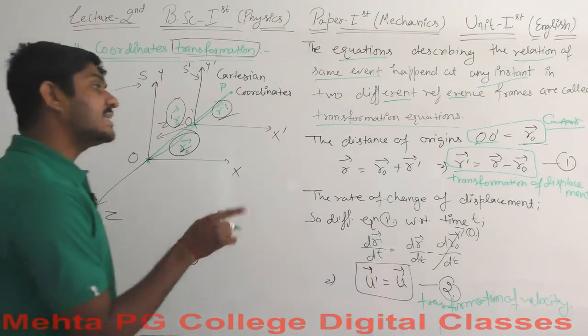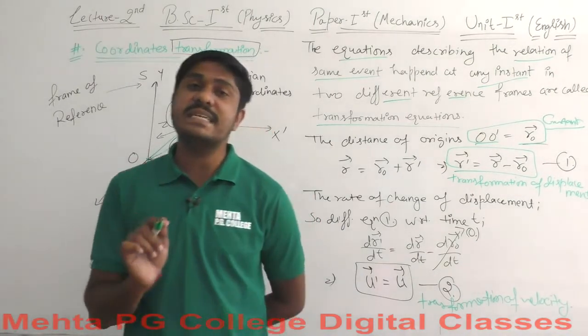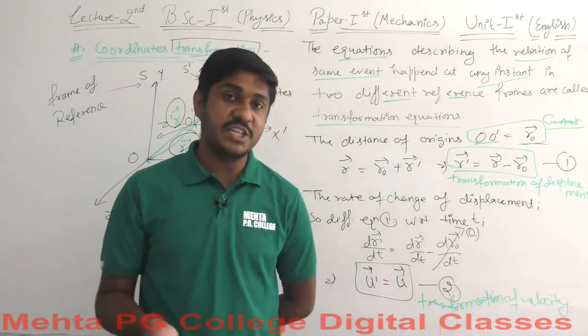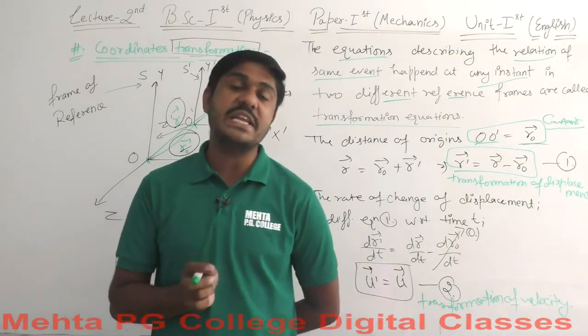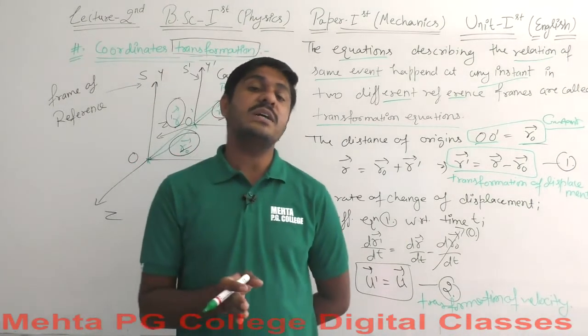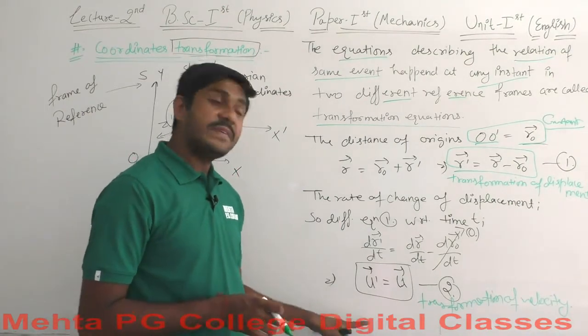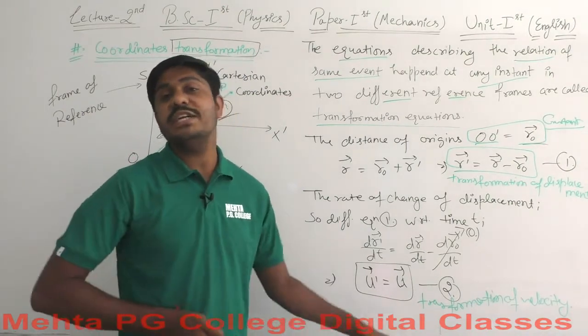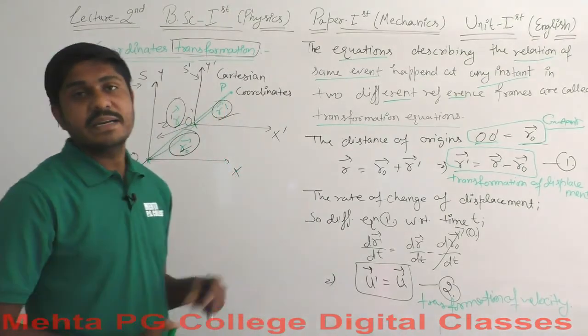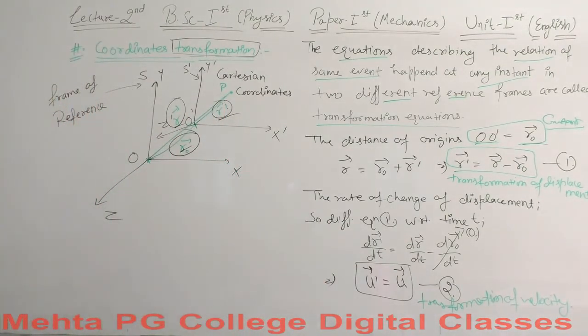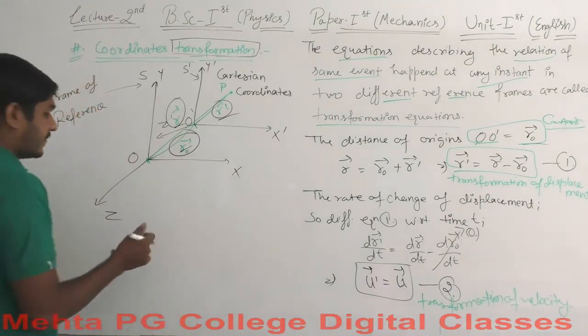So now what remains is the transformation of acceleration, and for the transformation of acceleration we will differentiate equation 2 with respect to time t, and then we will have our transformation of acceleration, the rate of change of velocity.